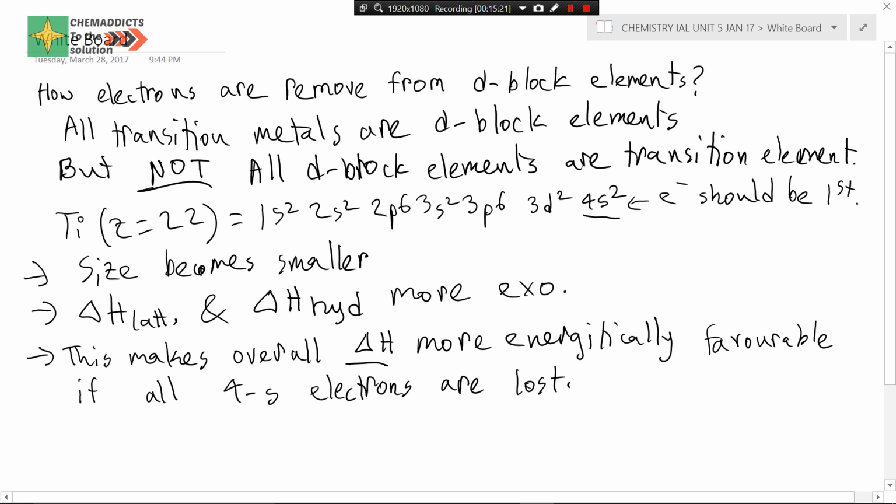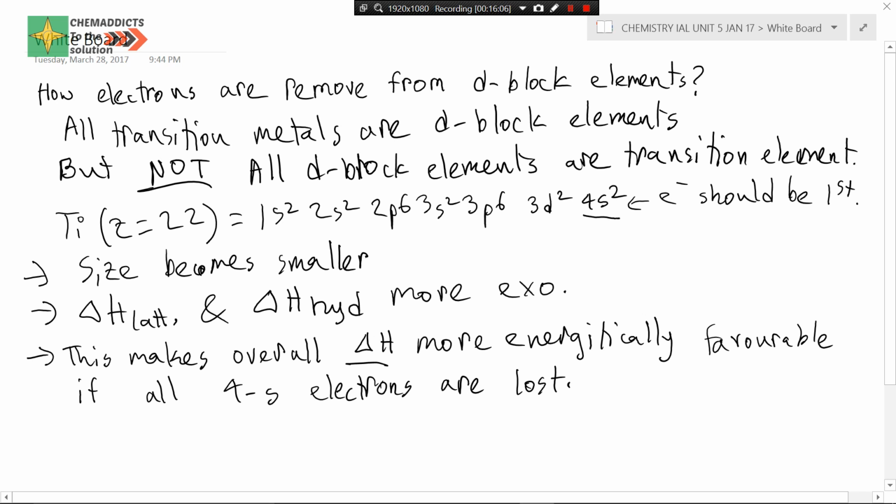Let us review these points once again for the question. Before solving the problem, we are answering this question: how are electrons removed from d block elements? All transition metals are d block elements, but not all d block elements are transition elements. Here we have discussed the structure of titanium. The first subshell that needs to be emptied is 4s.